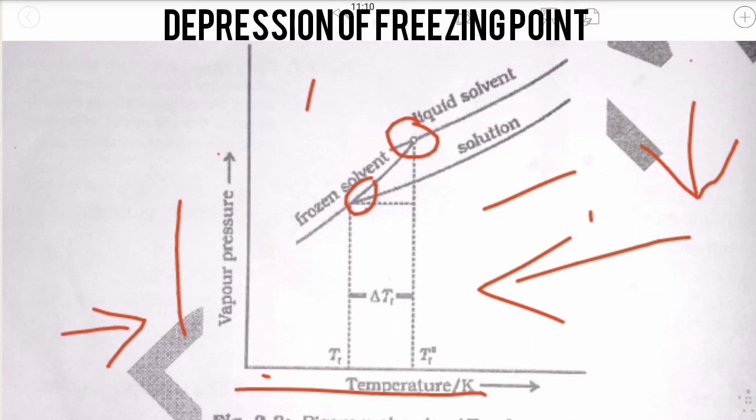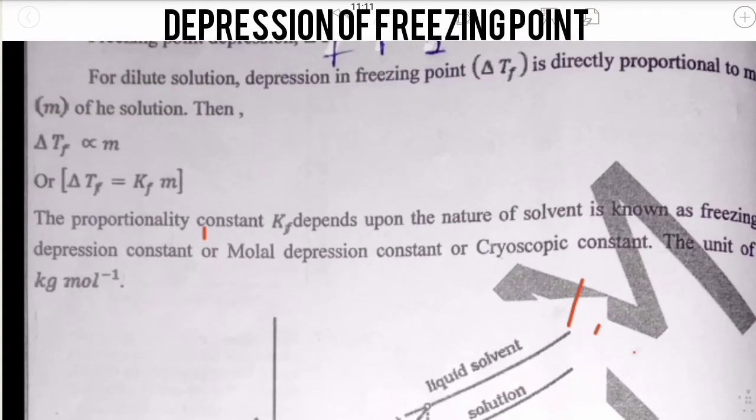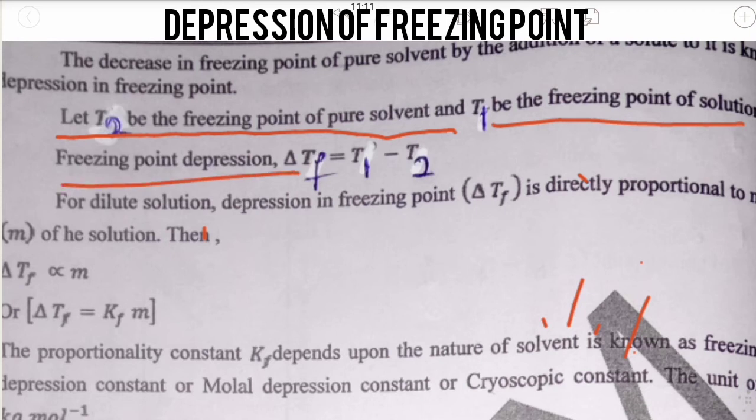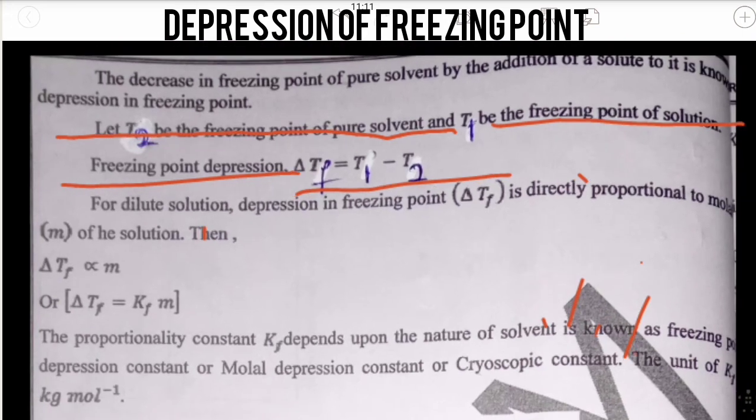Here T2 is the freezing point of the pure solvent and T1 is the freezing point of the solution. The depression of freezing point is delta Tf equal to T1 minus T2.